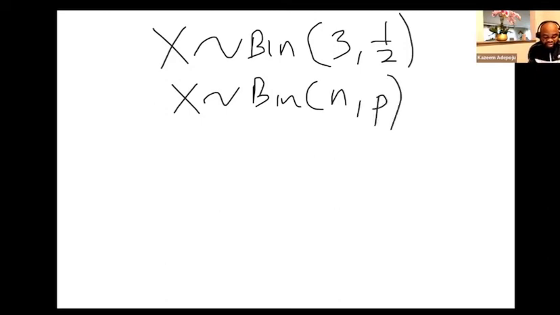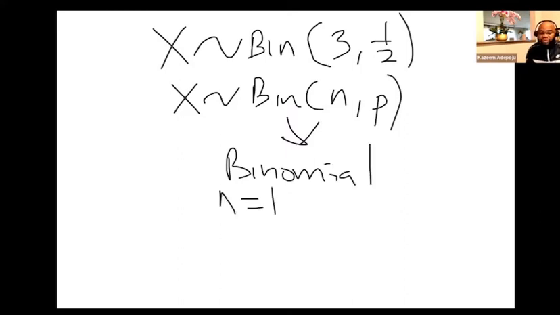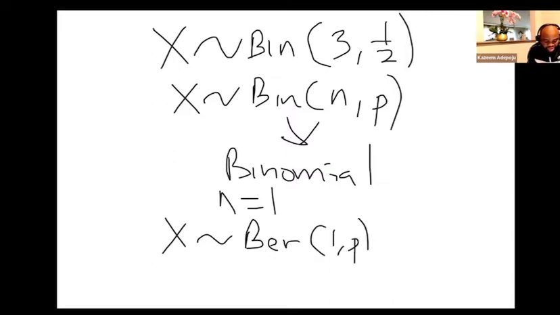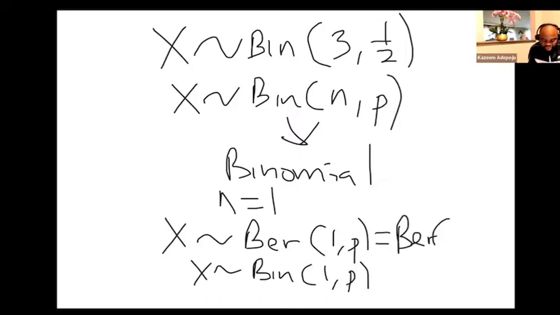This is binomial. But when n is equal to 1, then x is distributed binomial 1, p, or you can just say binomial 1, p. There's no problem. In fact, you can also write this as Bernoulli p, because we know that one trial is Bernoulli, but more than one trial is binomial.